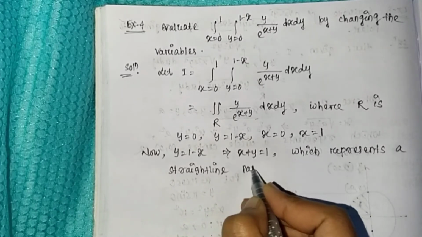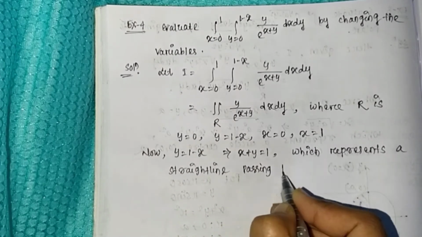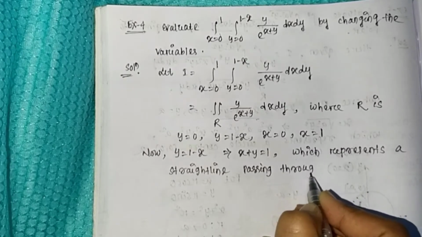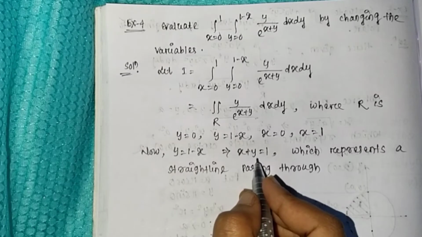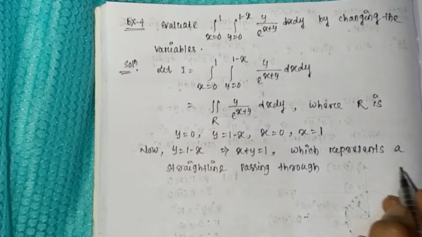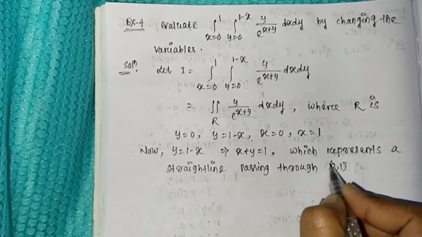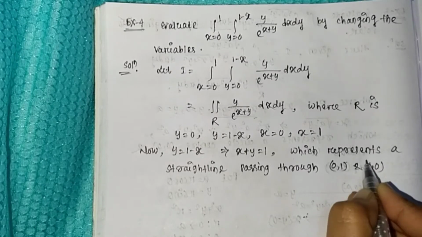When we put x equal to 0 then y equal to 1, when we put y equal to 0, x is equal to 1. So it passes through (0, 1) and (1, 0).